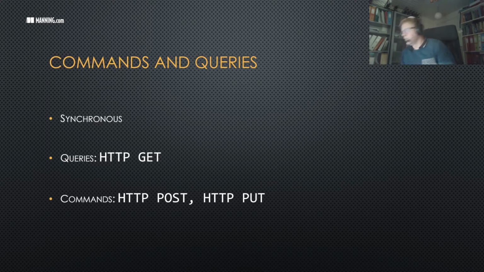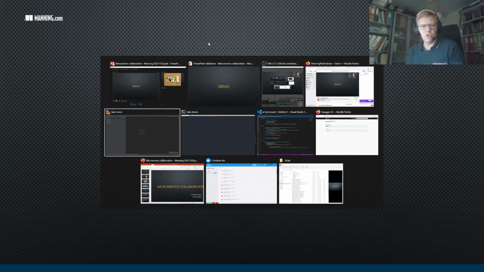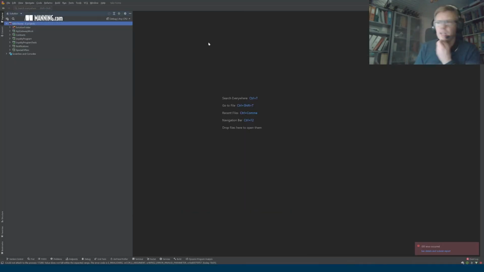updating a user. Let's move into the first bit of the demo part here and actually look at something running and some code. I'll just switch over quickly to the IDE here. We have a solution with the different parts of the example that we've just been looking at.